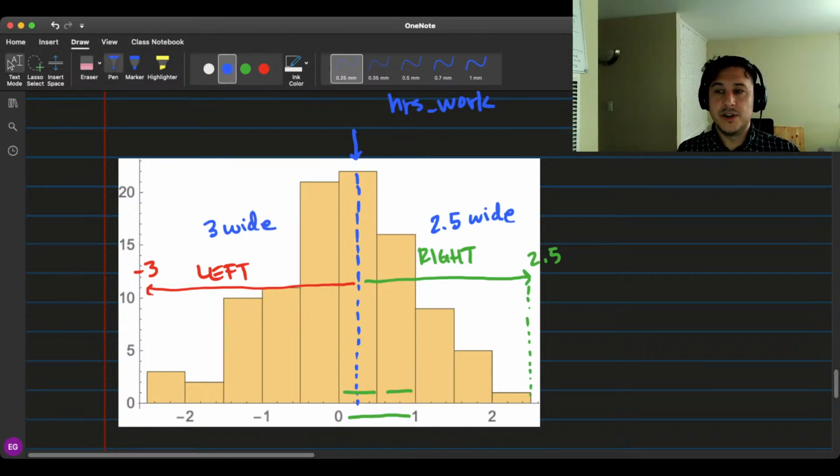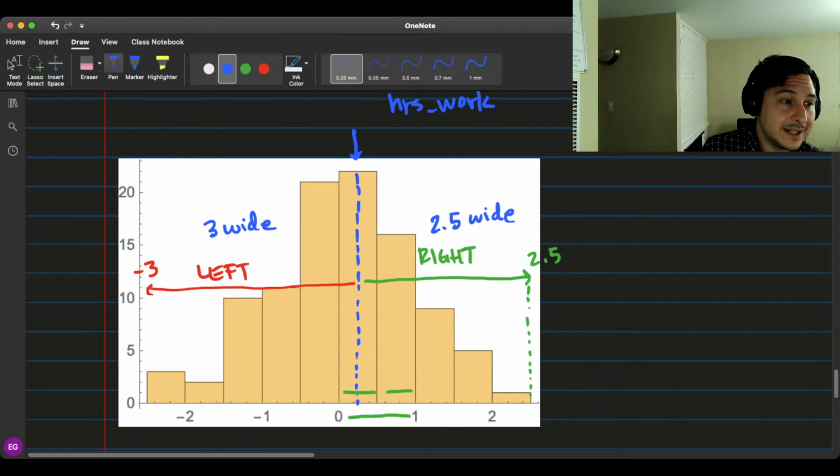And you look at those numbers and you're like, those are pretty close to each other, right? Remember how I said they might not be exactly the same. So 2.5 and 3 are pretty close. If they're pretty close, what do you look for next to decide if one is longer than the other? The existence of what we were just talking about.